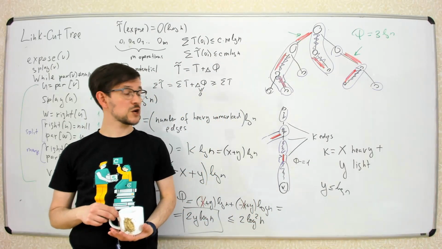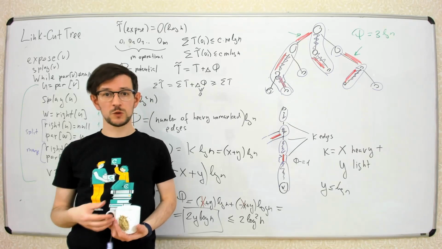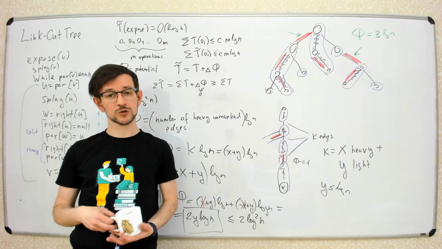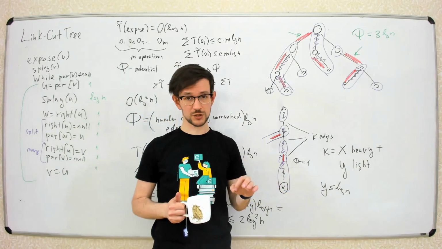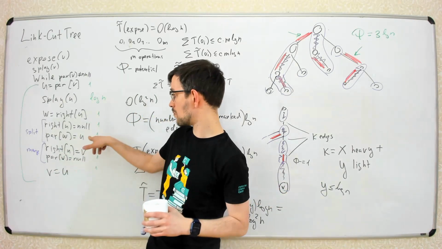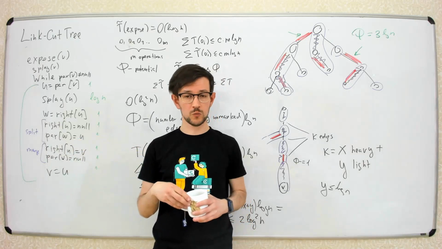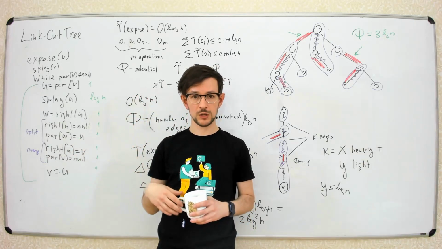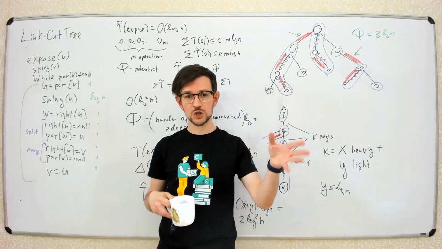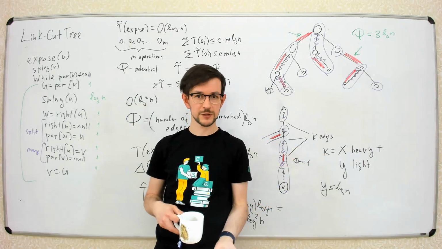If you mark many edges in your tree, most of these edges will be heavy edges, because on any path there are at most log n light edges. So your decomposition is closer to the heavy light decomposition.